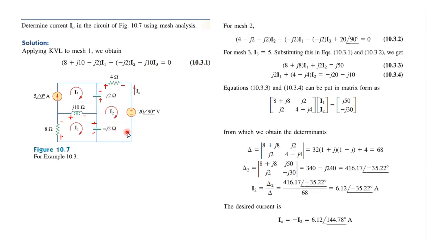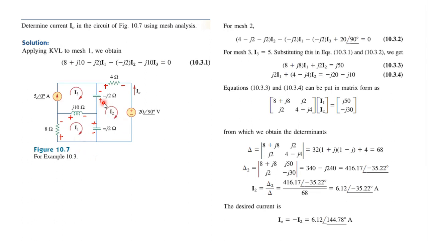Next is mesh 2. Again we start from here. The current I2 flows from minus to plus, so we put plus of minus j2 times I1 minus I2, since I1 is flowing in one direction and I2 in the other, and we have written the polarity based upon I1.